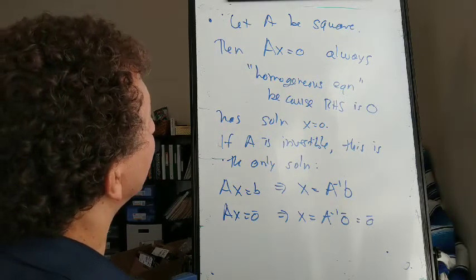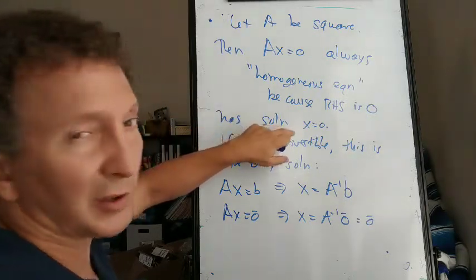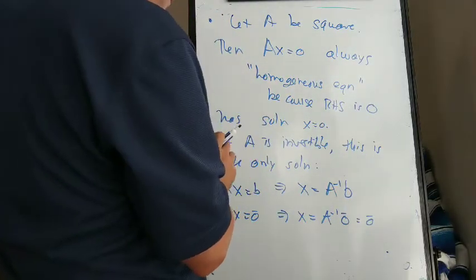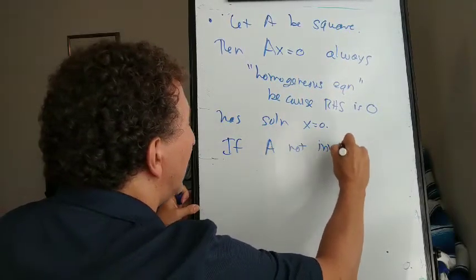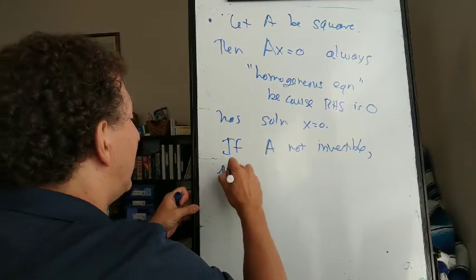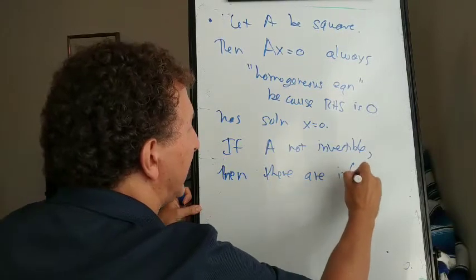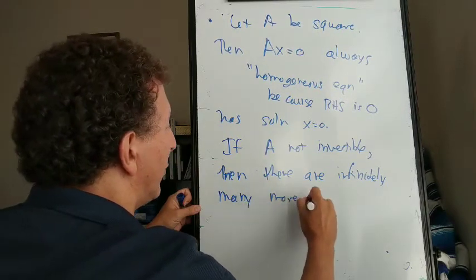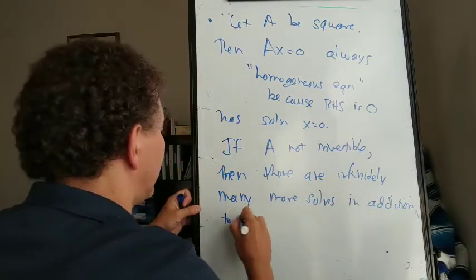Now, if A is not invertible, then we have the solution x equals 0 still, but we have infinitely many more. Then there are infinitely many more solutions in addition to x equals 0.